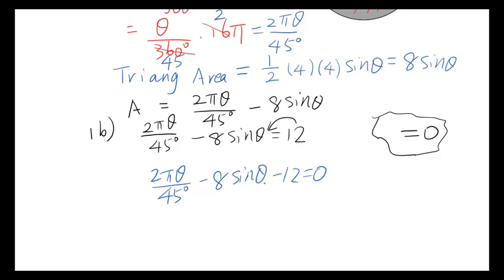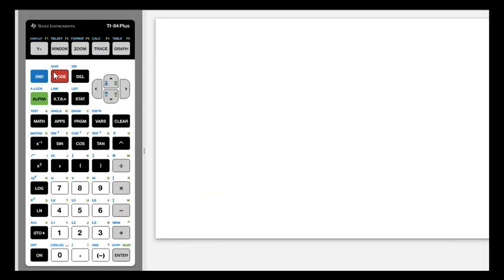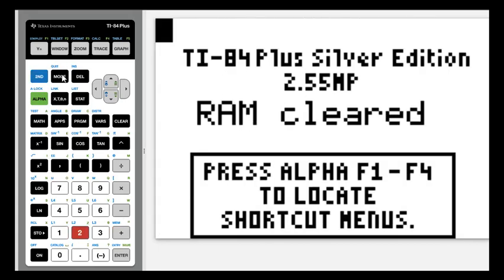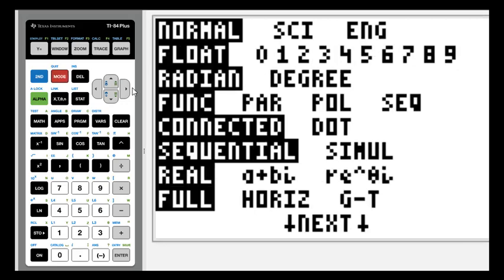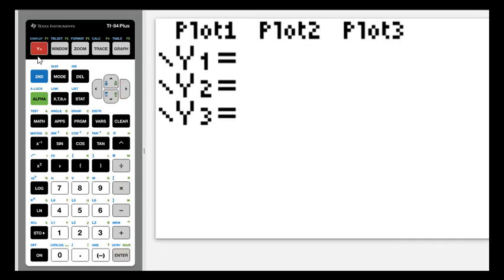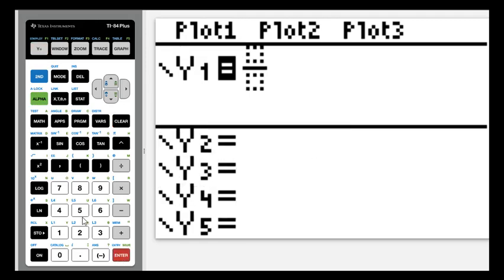Now I will show you how to use the graphing calculator to get this theta in degrees. First of all, you need to clear the memory. Second plus 712. Then go to mode. We need degree. Then we go to y equals. We will get alpha y equals, get a fraction.